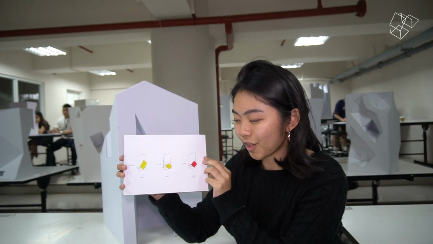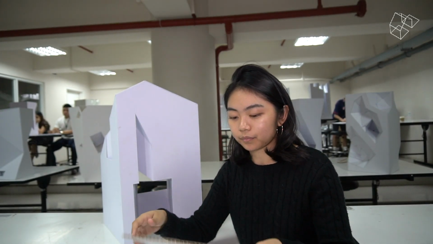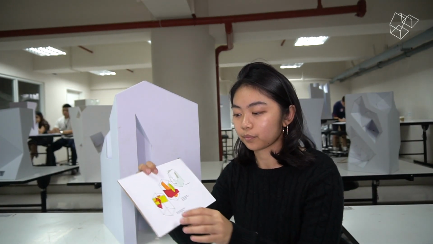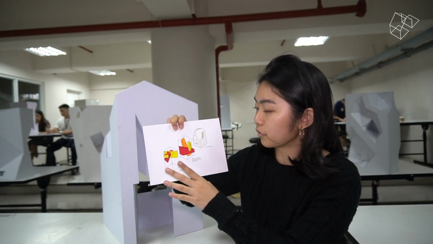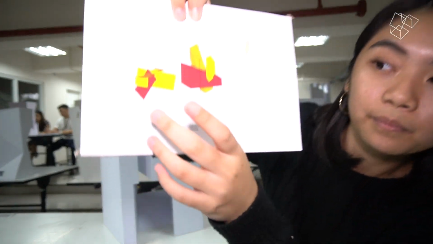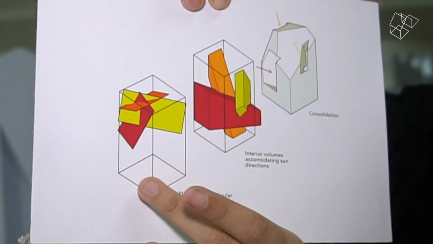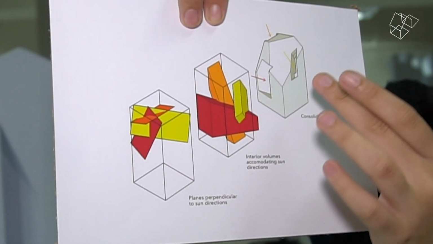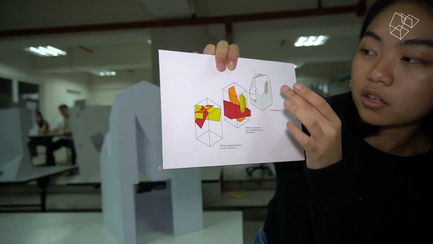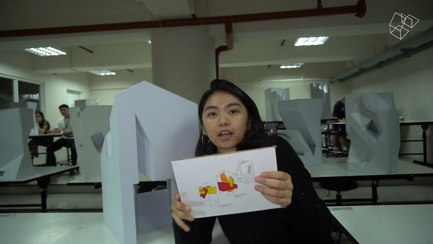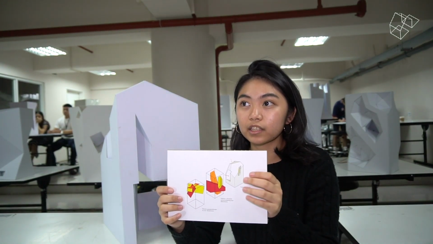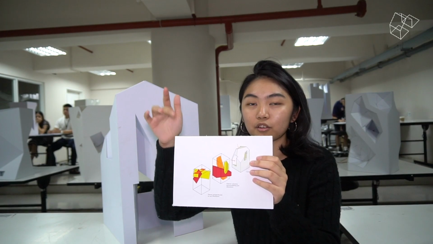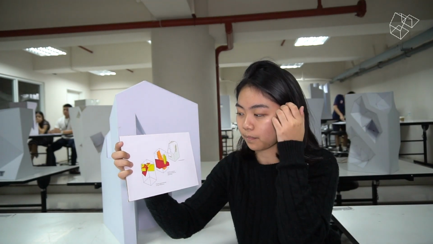So using those three planes, we carve out the top of the volume as seen here, with planes perpendicular to the sun directions, in order to create surfaces in this prism-like volume that really accommodate the three sun directions well.